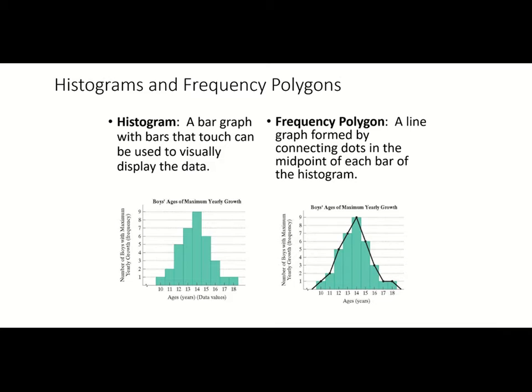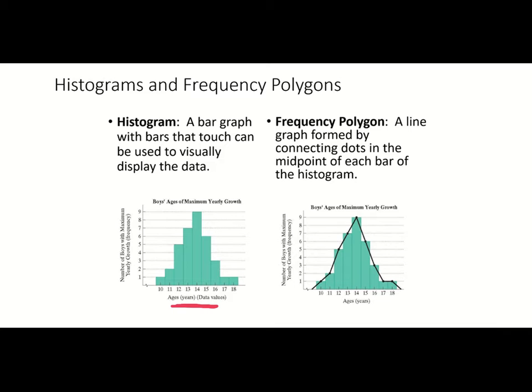They made a histogram, and a histogram looks very similar to a bar graph, but a histogram is a bar graph with bars that touch, and they can be used to visually display the data. And the reason it's different from a bar graph is here for the x-axis, we're talking about ages. We don't have different types of items. They're all ages. They're just different numbers. So that's why the bar graph is a histogram and it touches.